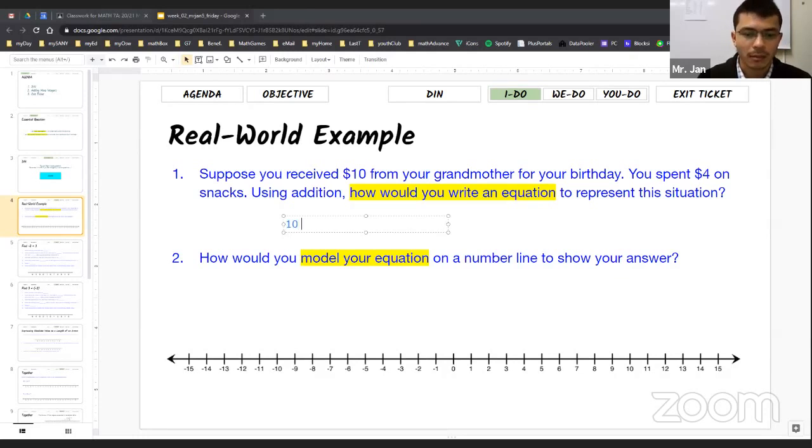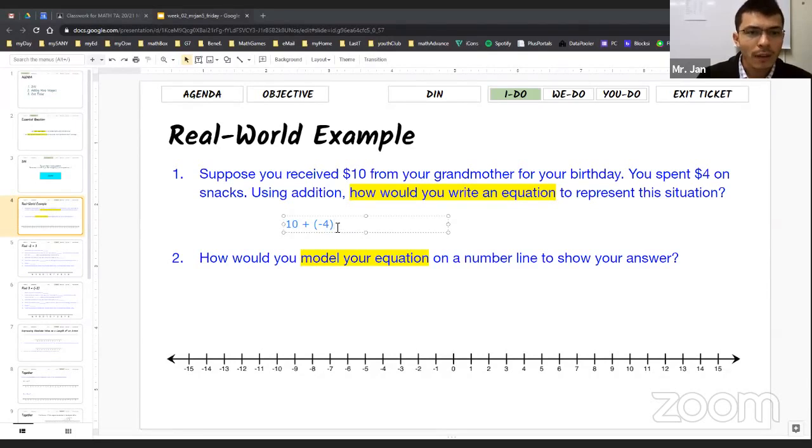And spending means you're losing money. So you won't have four more dollars. You spent $4, so it's a -4. And you're adding these two numbers. This is how you can write an equation for this situation, okay?